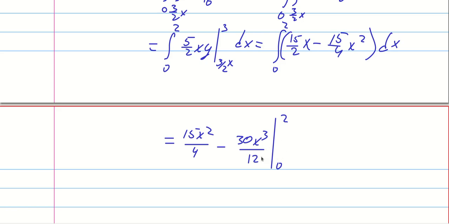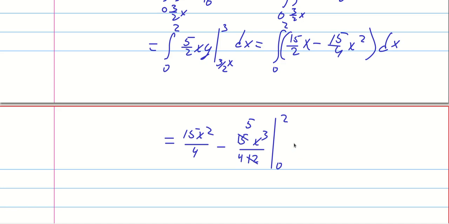Did I do it right? Oh yeah, this is wrong. It should be 15 over 12, so we can divide by 3, and it's going to be 5 over 4.